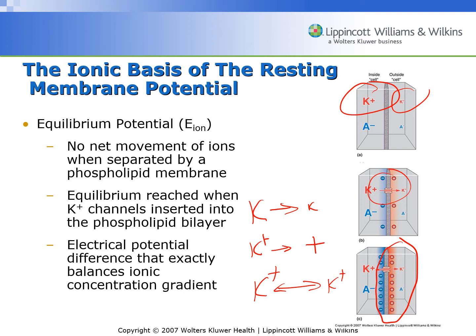Okay, so again, you're fighting between two forces, right? You're fighting between electrical force and a concentration force trying to drive it one way or the other. So when we reach those equilibriums is based on how easily the ion can move from one side to the other and the concentration of that ion on both sides of a cell.